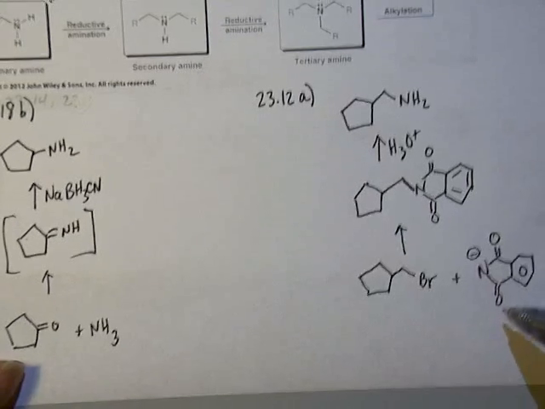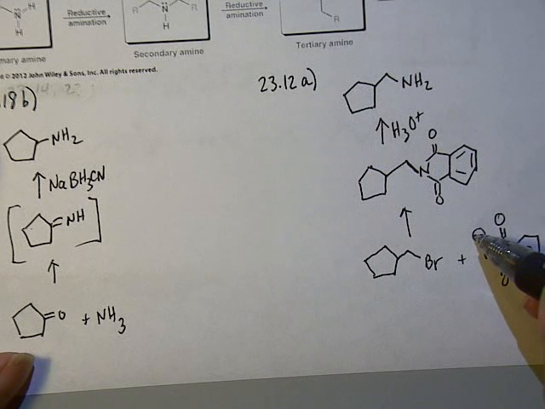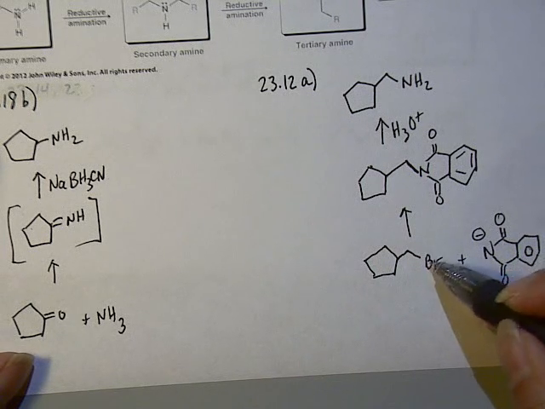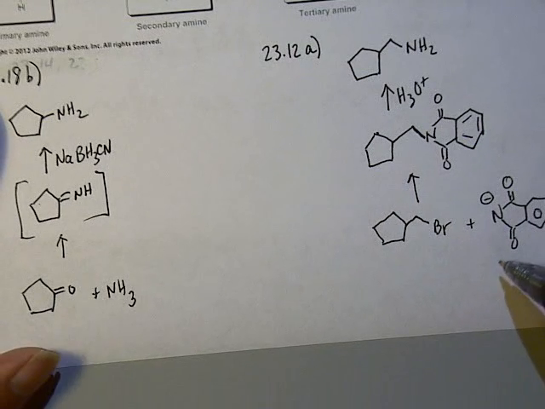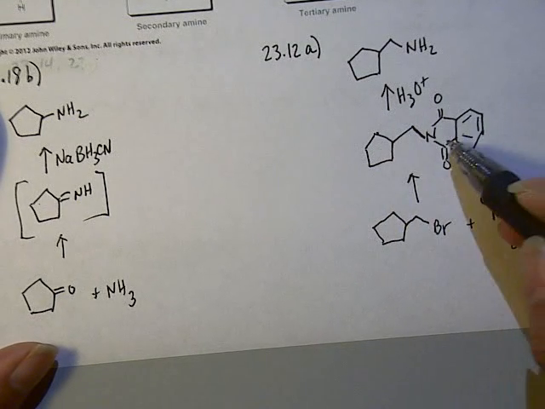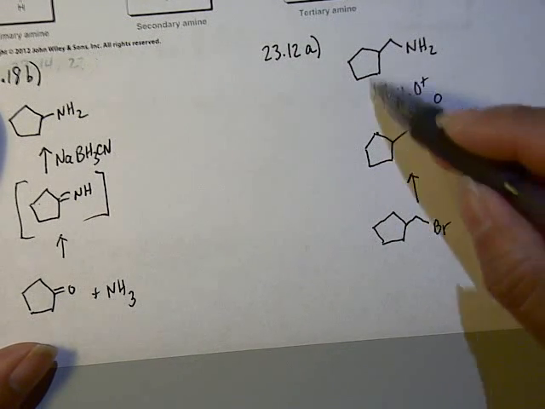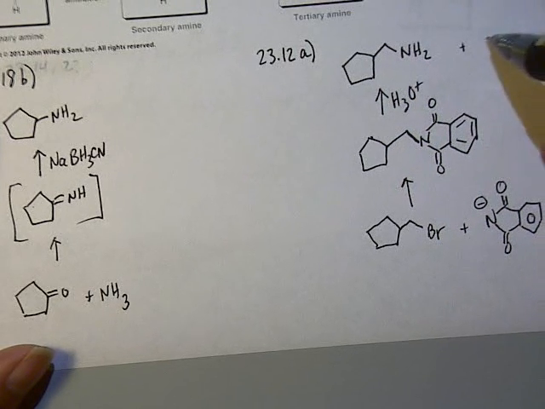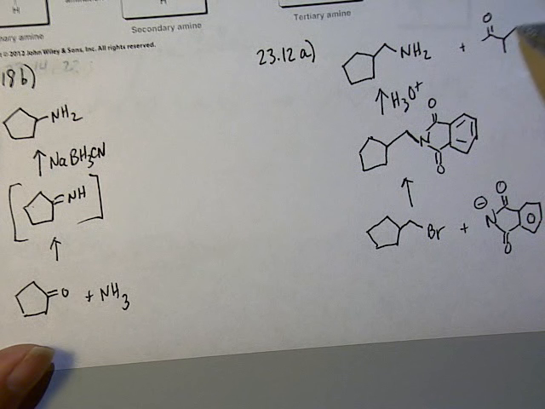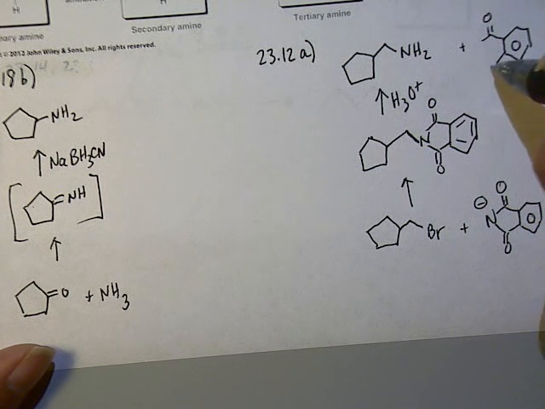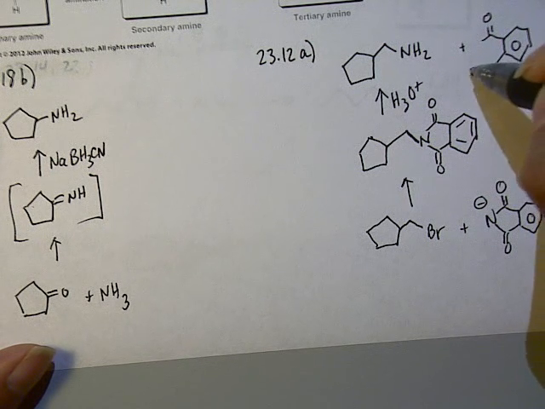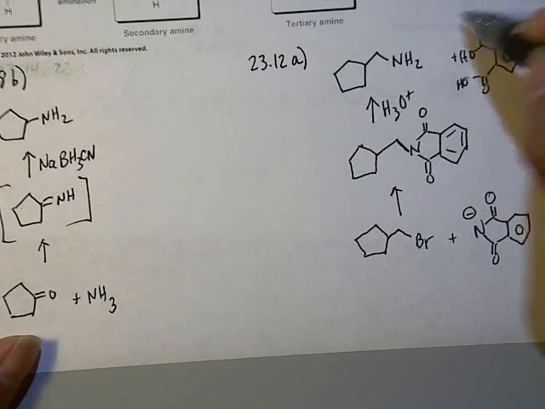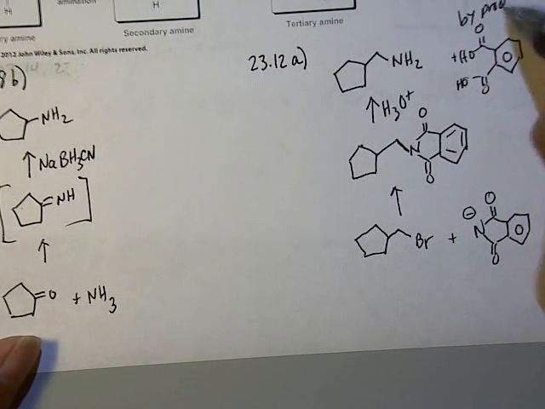All right, so the nucleophilic nitrogen would attack this carbon and displace the bromine to give you this intermediate, which, when hydrolyzed, would give you this, plus, just to make sure you understand, when you hydrolyze, you would get that diacid as the byproduct, right?